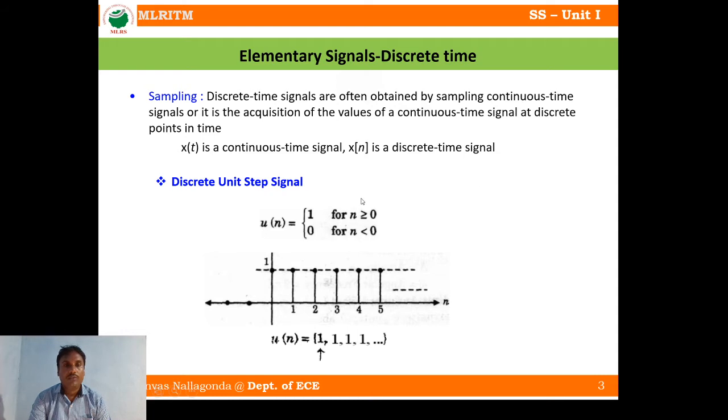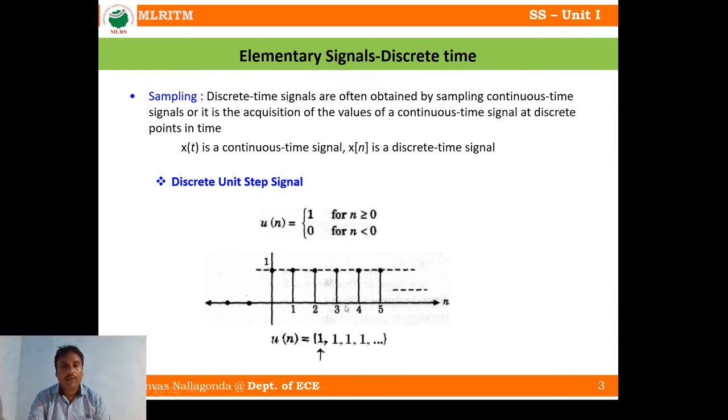Now, the discrete unit step signal. The mathematical expression for the unit step signal in discrete form is u of n equal to 1 for n greater than or equal to 0, and 0 for n less than 0.